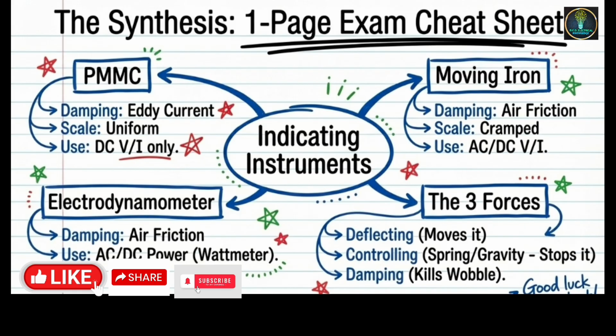Moving iron, damping air friction, scale cramped, uses AC or DC, voltage and current. Electrodynamometer, damping air friction, uses AC or DC power, likely wattmeter.